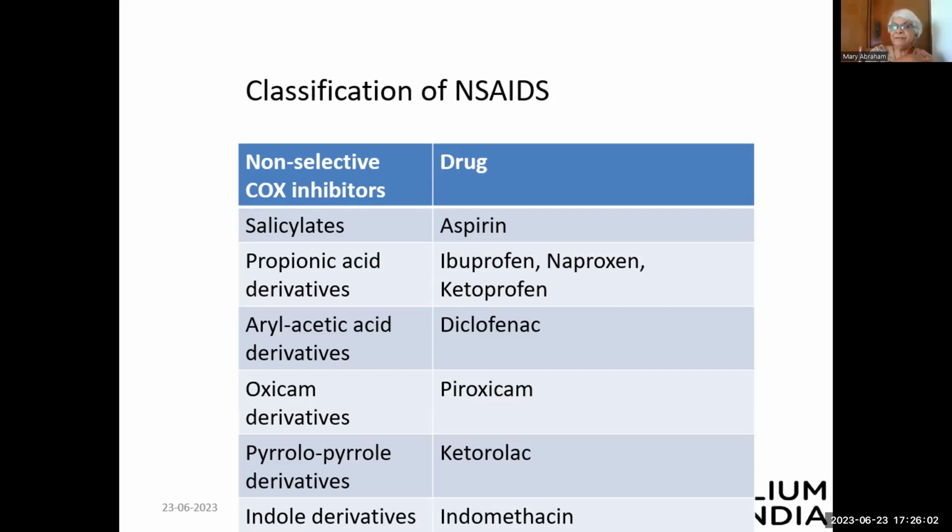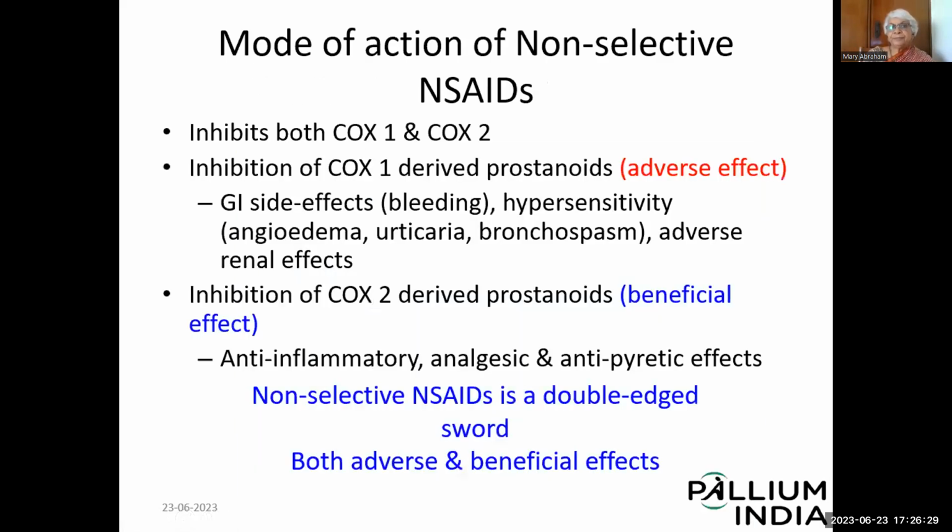So it will have an adverse effect on the stomach and the kidney and on platelet aggregation, etc. These COX inhibitors are basically the salicylates like aspirin, the propionic acid derivatives like ibuprofen, naproxen, ketoprofen, and also diclofenac, piroxicam, ketorolac, indomethacin. These all come under the non-selective COX inhibitors.